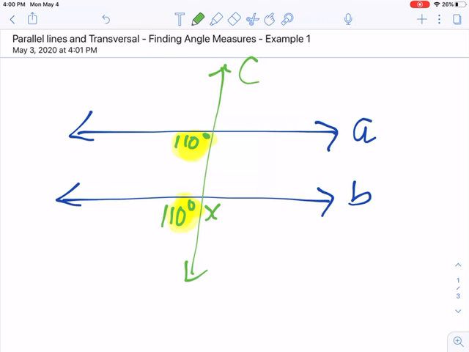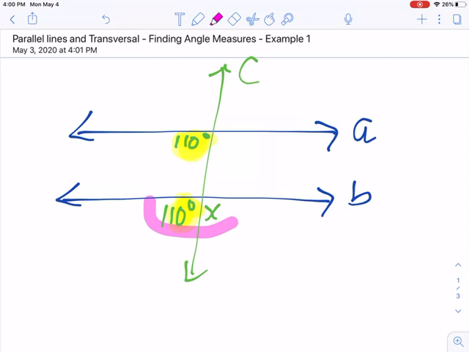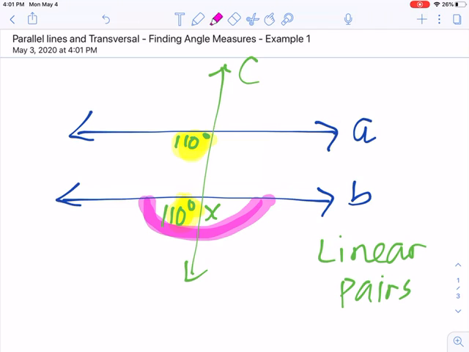Once I know that, I can easily find my missing angle X. What do I notice? I notice that angle X and 110 are linear pairs. What do we know about linear pairs? Yes, if you said that they are angles on a straight line, you were right. What else do we know about linear pairs?